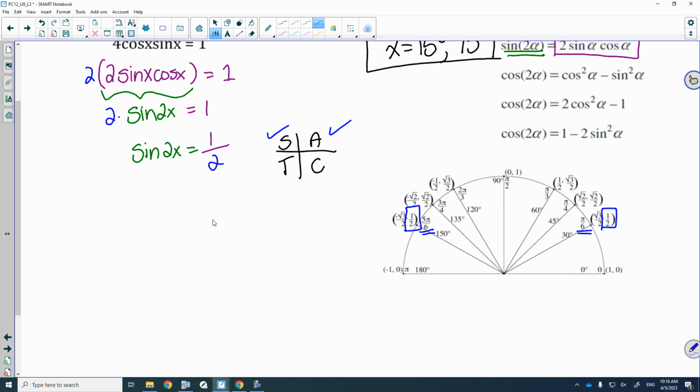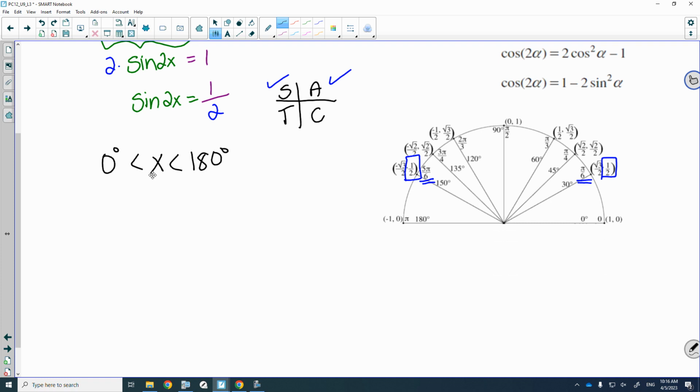I'm going to write my domain, though, because this was a double angle question. It wasn't equal to x. So the domain that they gave me was, they said, stay within this domain here. I'm going to double the domain because this one's doubled.